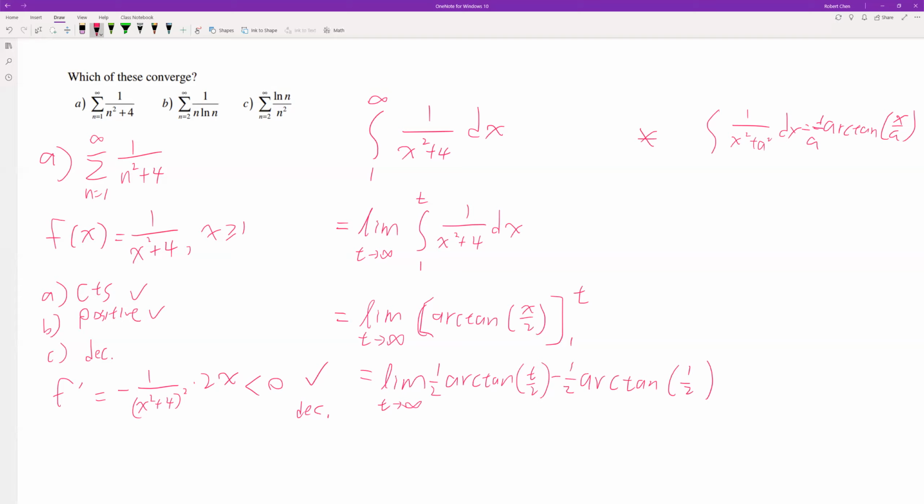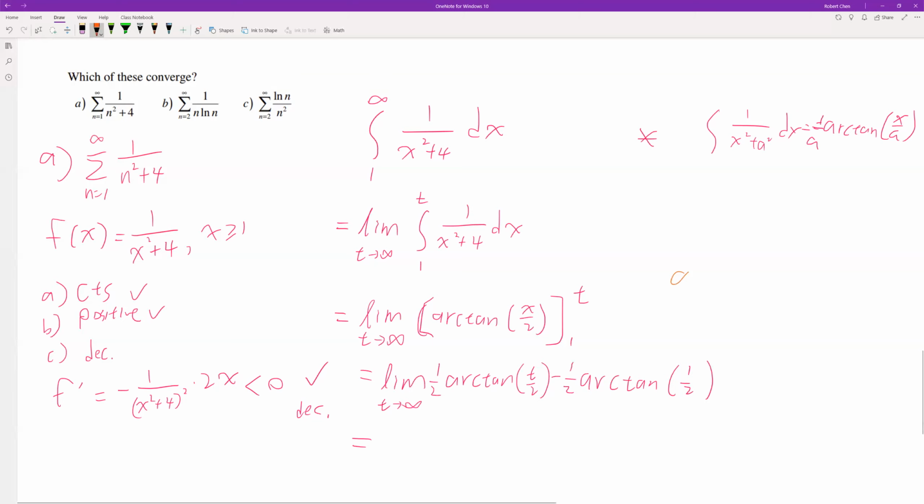Okay, and let's see. When t approaches infinity, right? We don't know about this term, right? But when arctangent of infinity, this is pi over 2, right? So let's do a little side note here.